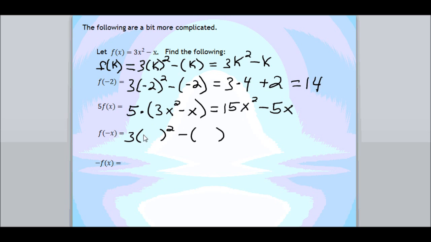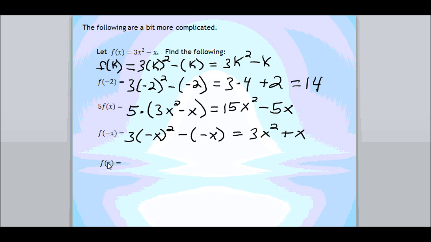All right, again, this would just be an x here. But now I'm going to plug in -x. And then evaluate. So what happens when you square a -x? It turns to a positive x squared. And here we have a double negative again, so that turns to plus x.